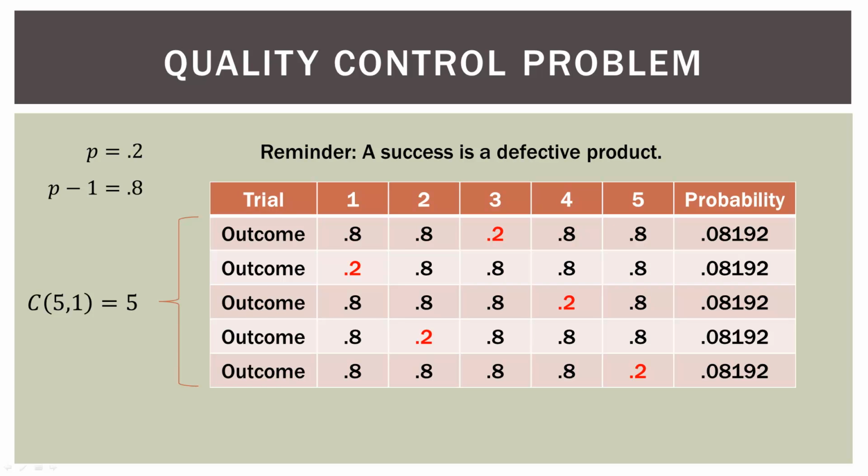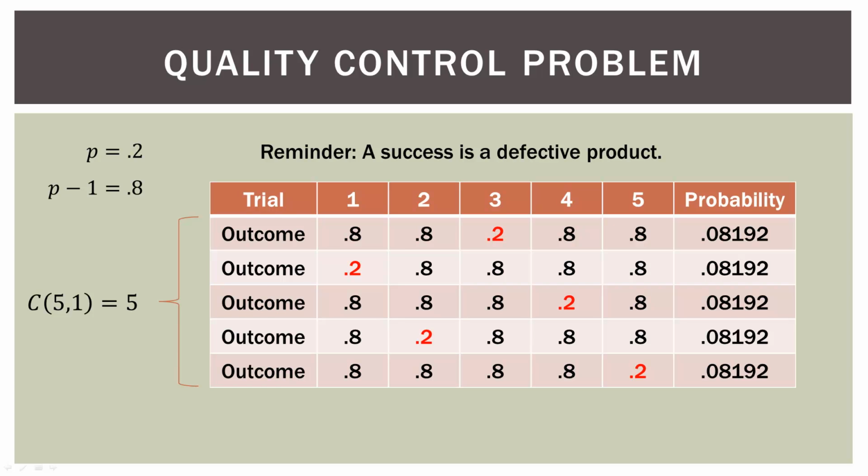Now the probability of that sequence in our trials happening is 0.8 times 0.8 times 0.2 times 0.8 times 0.8. And then we multiply those together, and we have 0.08192. So that's a very specific outcome. We have failure, failure, success, failure, failure.